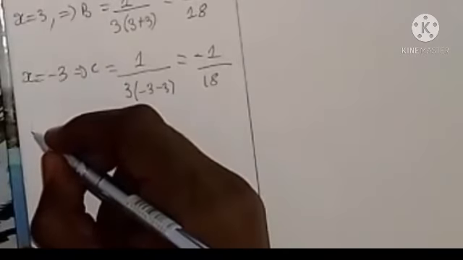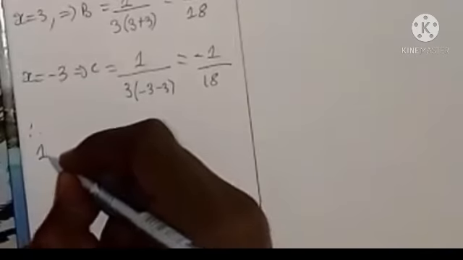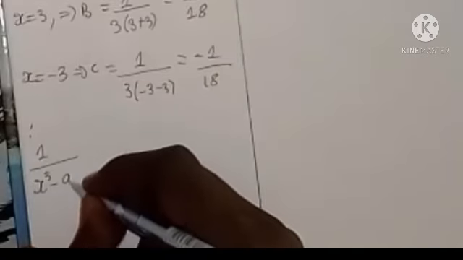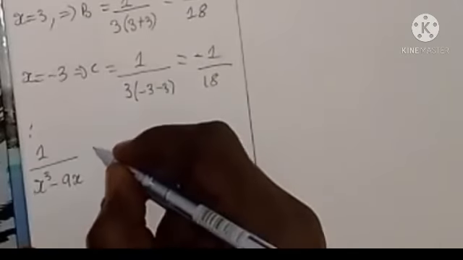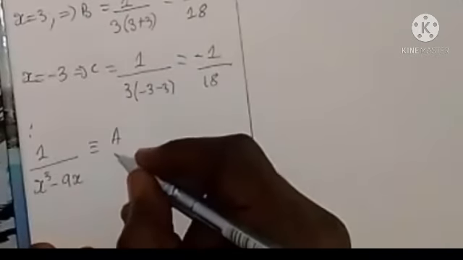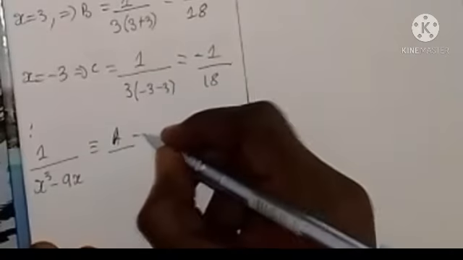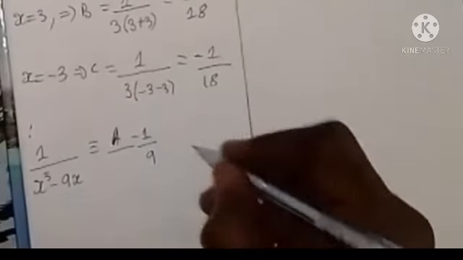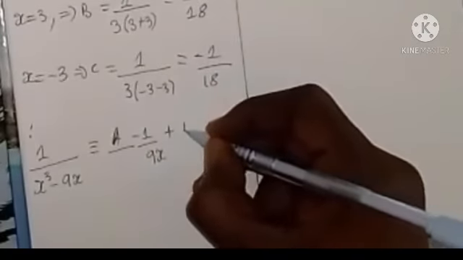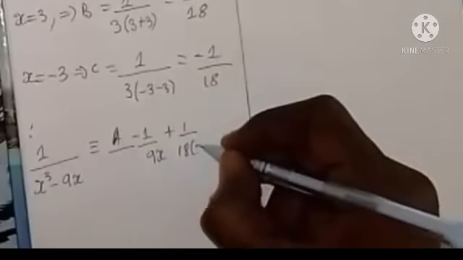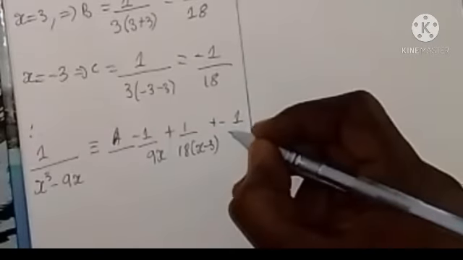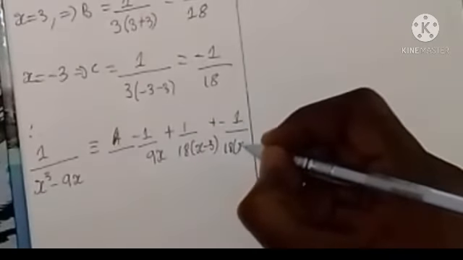So therefore 1 on x cubed minus 9x is identical to minus 1 on 9x plus 1 on 18 times x minus 3 plus minus 1 on 18 times x plus 3.